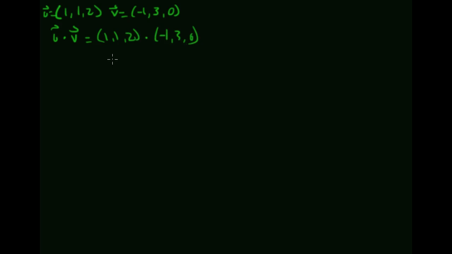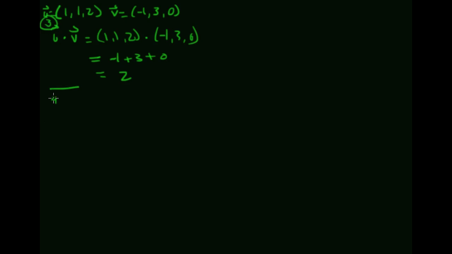All right, so for 3 through, I think it's 8, we're working with u being 1, 1, 2, and v being negative 1, 3, 0. The first question is what do I get if I dot those? So it's going to be 1, 1, 2 dot negative 1, 3, 0. So that's going to be negative 1 plus 3 plus 0, which makes that 2. So that's problem number 3.